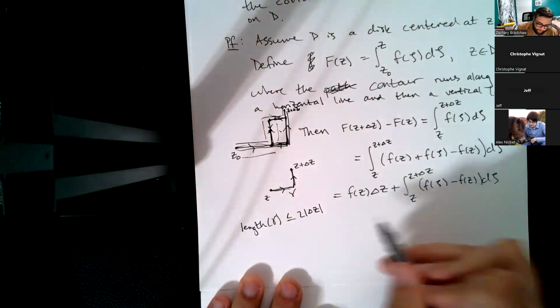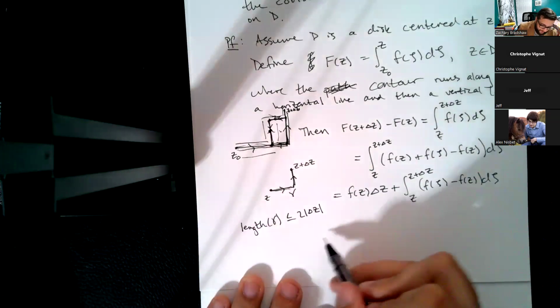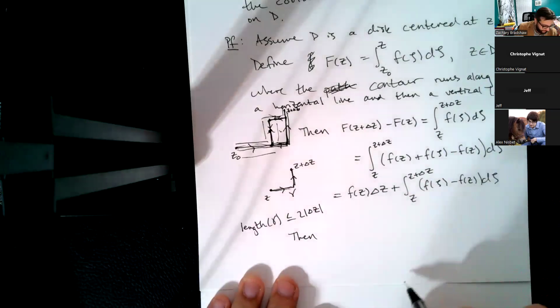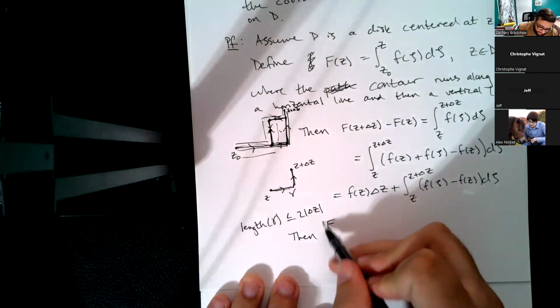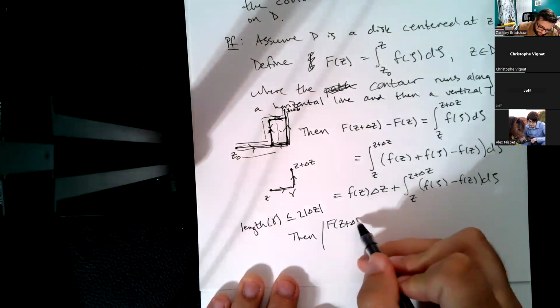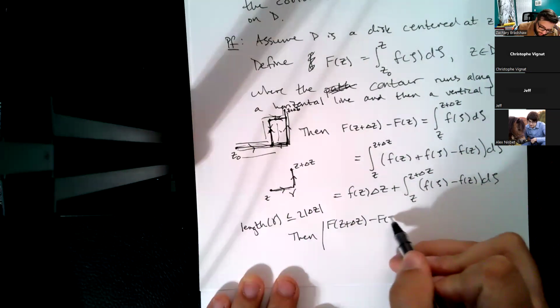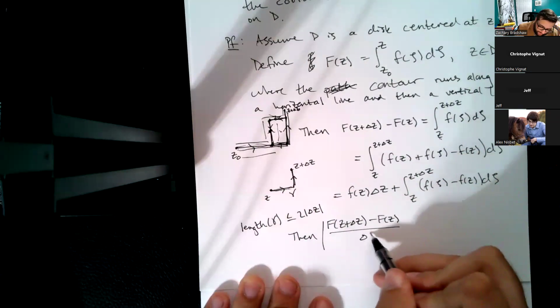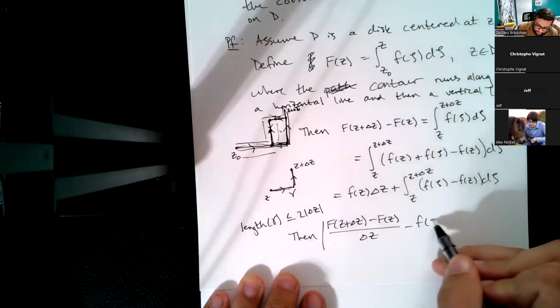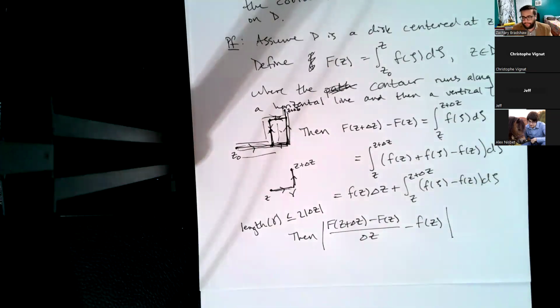And so what we have left now is, I'm going to go ahead and divide by delta z and subtract the f of z. We're trying to get an estimate of this to show that capital F is differentiable.